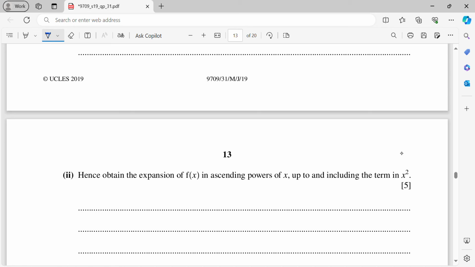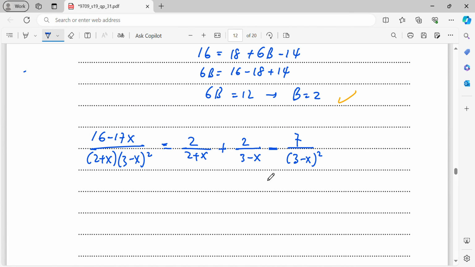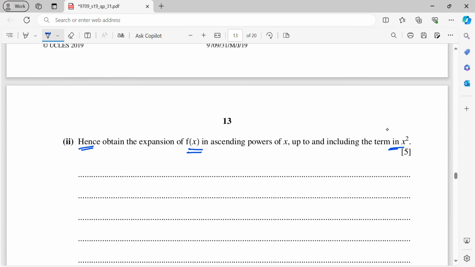Okay, part 2, hence. Hence means use the previous answer. Obtain the expansion of f(x) in ascending powers of x up to and including the term in x squared. Okay, so now here, I will just rewrite, your f(x) is 2 over 2 plus x plus 2 over 3 minus x minus 7 over 3 minus x squared.